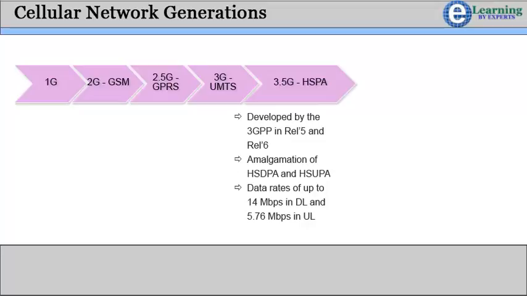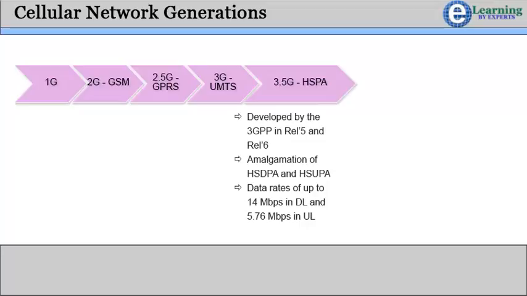HSPA is an amalgamation of two mobile telephony protocols, High-Speed Downlink Packet Access, HSDPA, and High-Speed Uplink Packet Access, HSUPA, that extends and improves the performance of existing third-generation mobile telecommunication networks utilizing the WCDMA protocols.